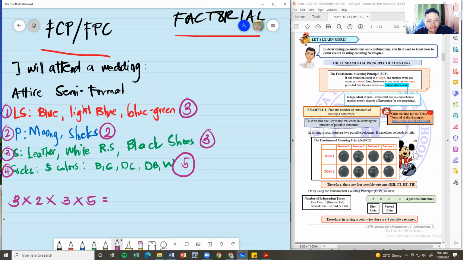The answer is 90. Okay, very good. So therefore, there are 90 possible semi-formal attires that I can wear.